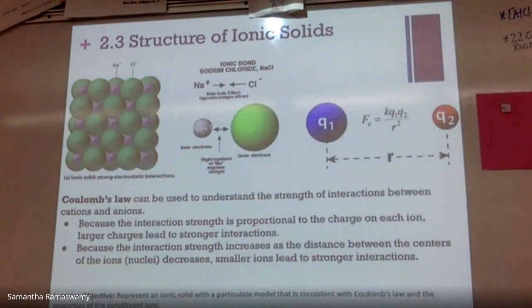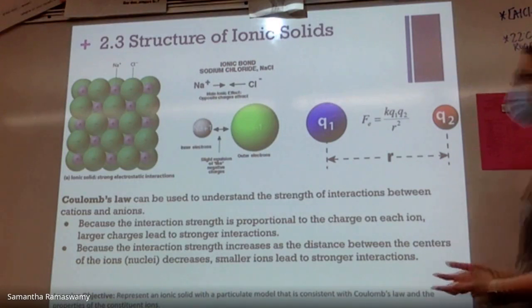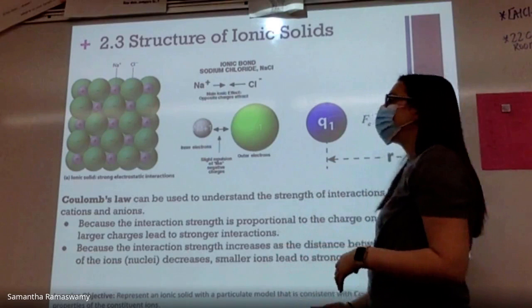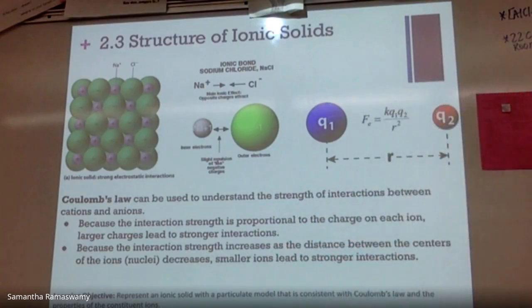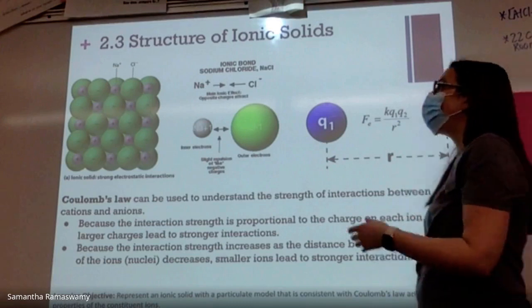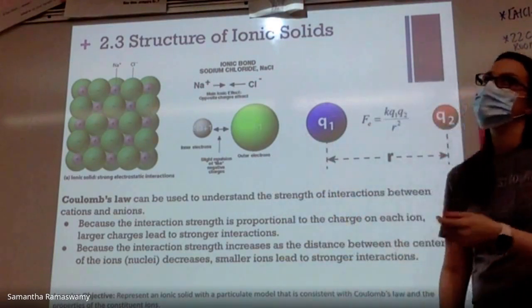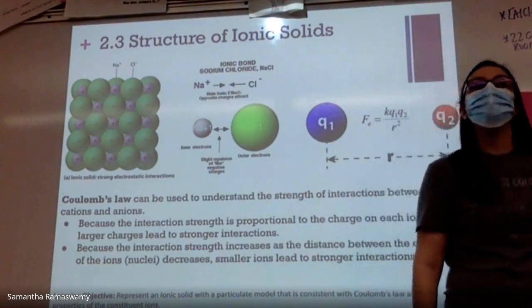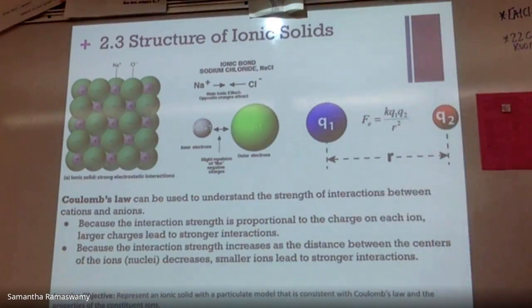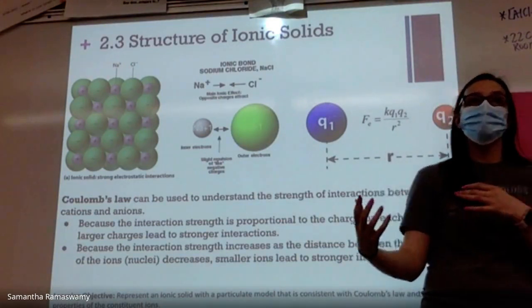When you're looking at the strength of an ionic bond, you can look at Coulomb's law again. Anytime you're looking at strength of attraction, any kind of strength of attraction, you can think about Coulomb's law. With ionic bonds, a lot of times we're looking at the charge. If you're looking at Na+ and Cl-, that attractive force, versus Mg2+ and S2-, now you have higher charges.